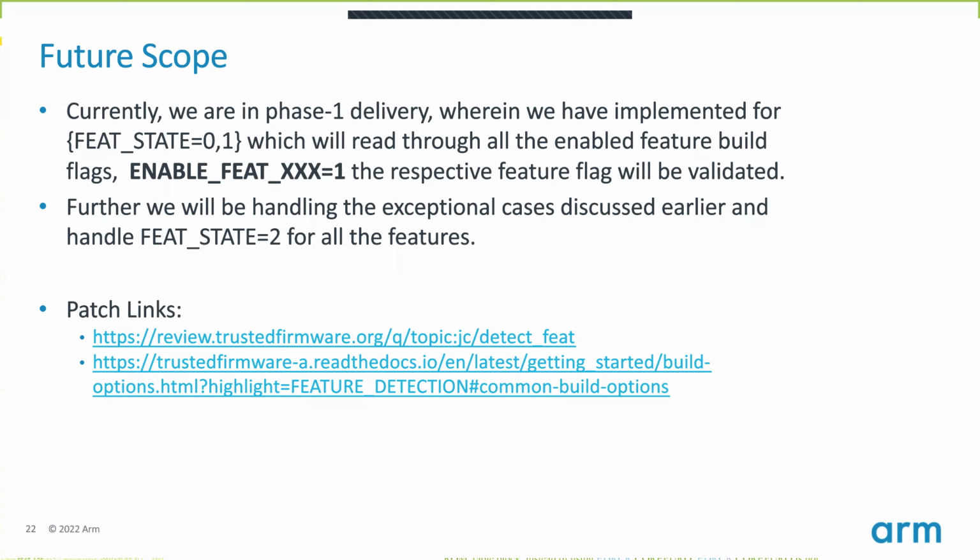By default, it will be 1, but that is once all the 3 states are completely implemented. Sure. The only reason I asked is that during early development, something like this is definitely helpful. But once we know that everything is stable and we are ready for production, we might want to disable it. Yeah.